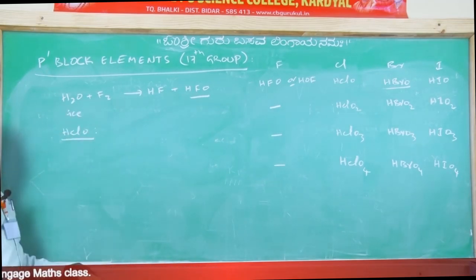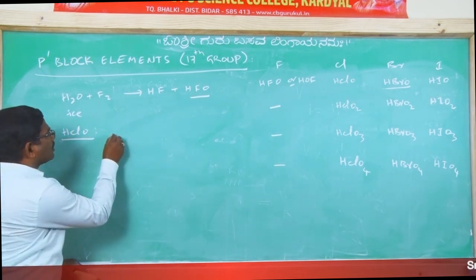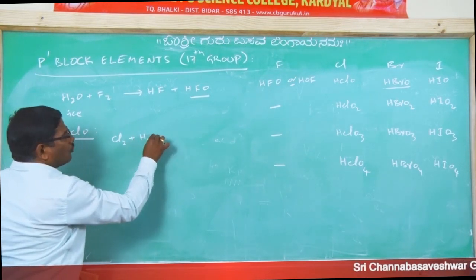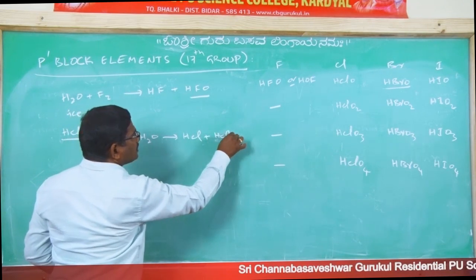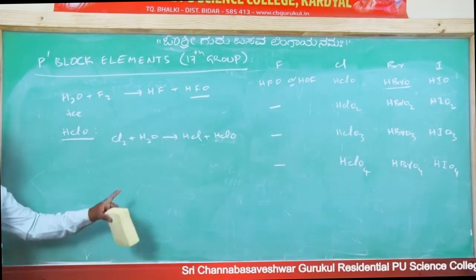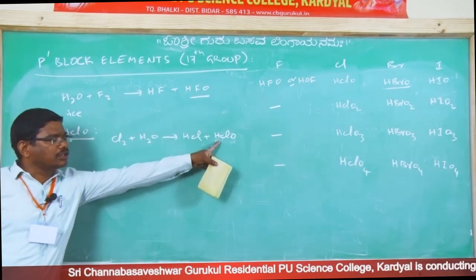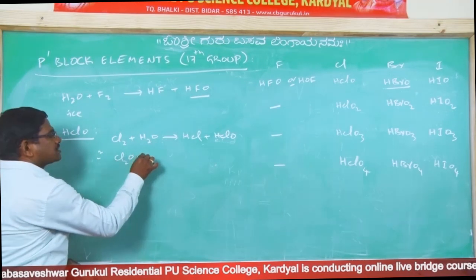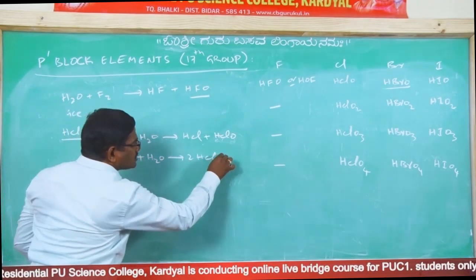HClO, if you consider, will form when chlorine reacts with H2O to give HCl along with HClO. Chlorine reacts with H2O to give hydrogen chloride along with hypochlorous acid, or else chlorine monoxide upon hydrolysis with water gives 2 moles of HClO.